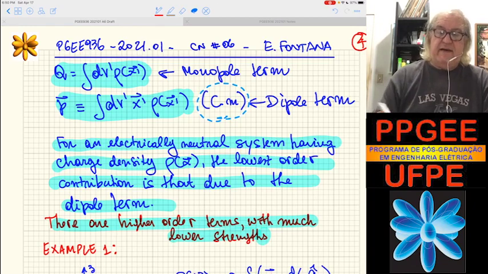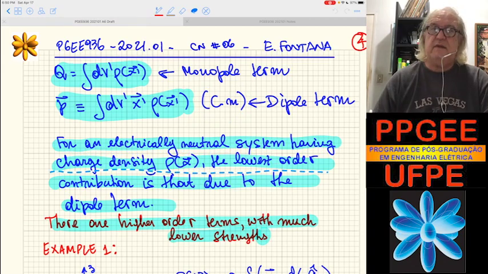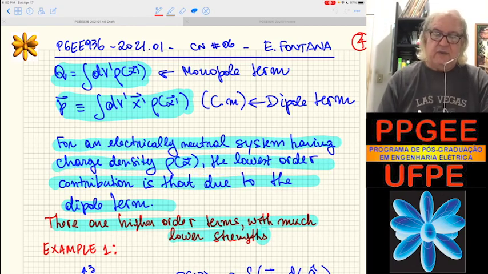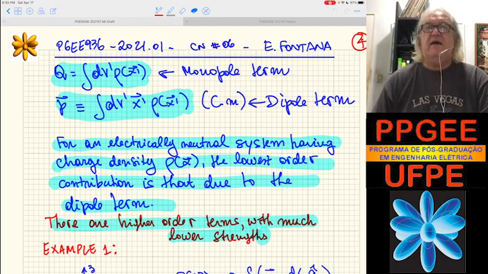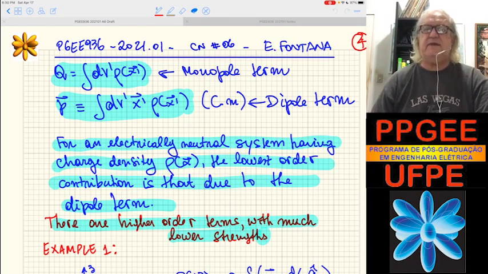So if you have an electrically neutral system having charge density rho, but the system is neutral, so Q equals 0, the lowest order contribution is that due to the dipole term. Okay. Of course, as I mentioned to you before, there are higher order terms with much lower strength.